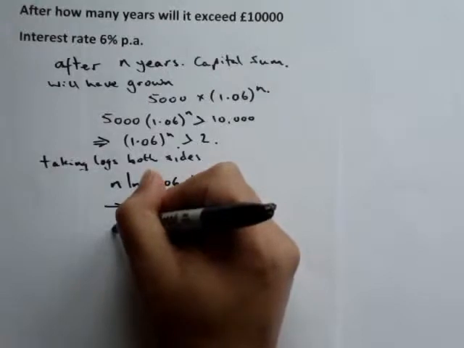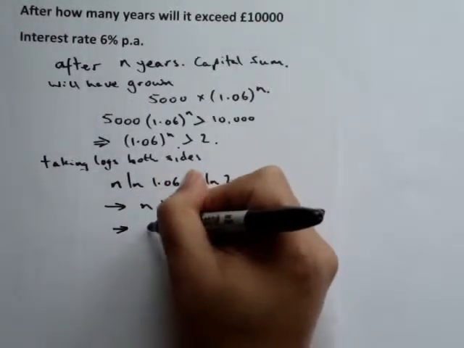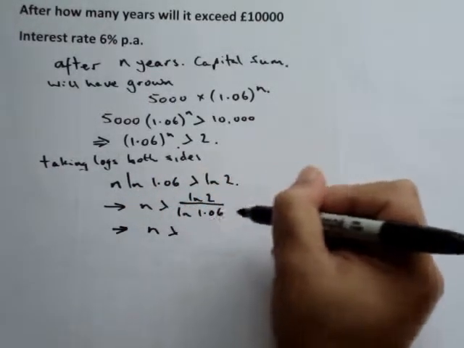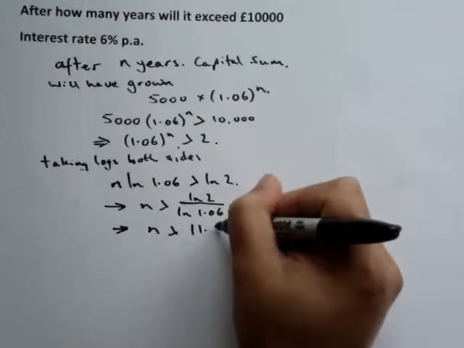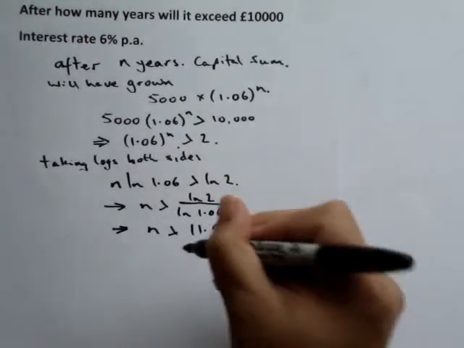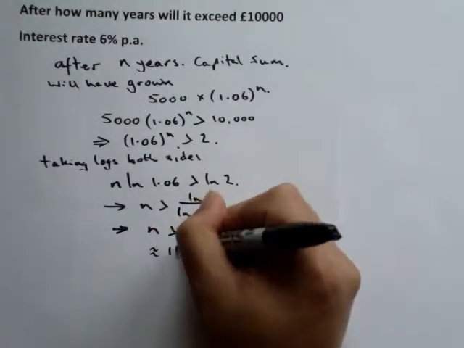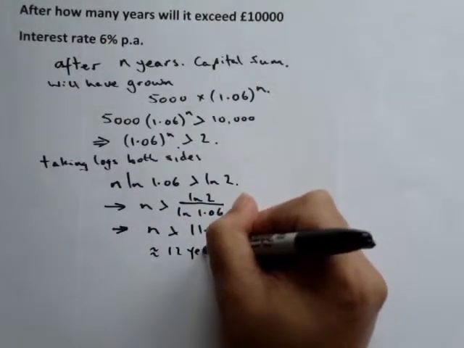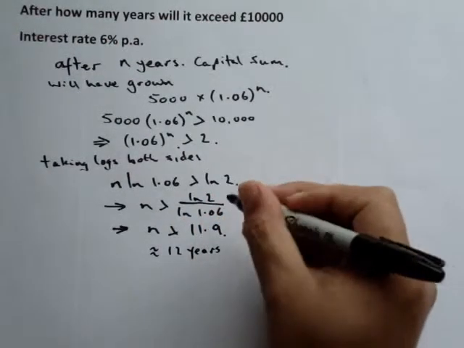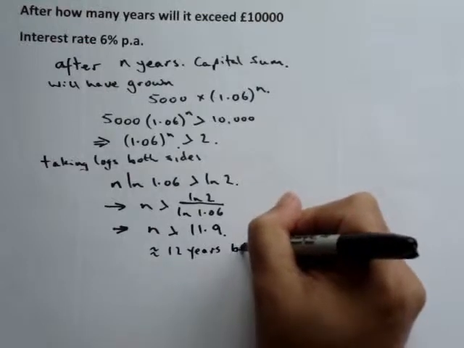Therefore n is greater than 11.9. Therefore it will be 12 years before the investment doubles.